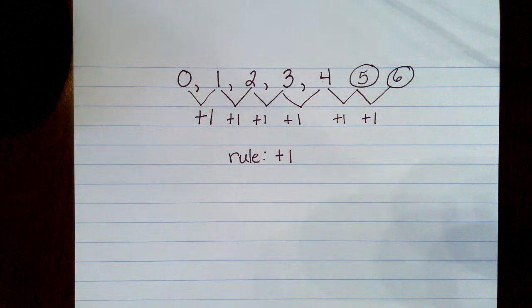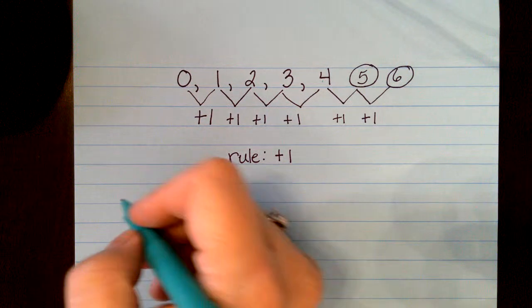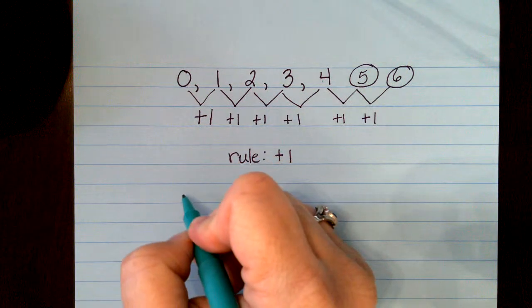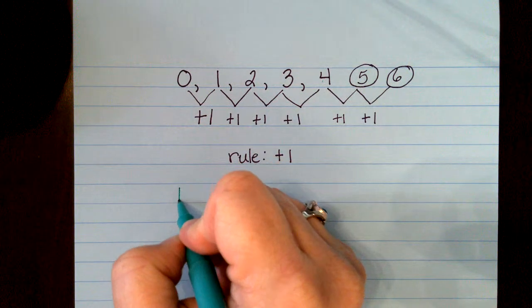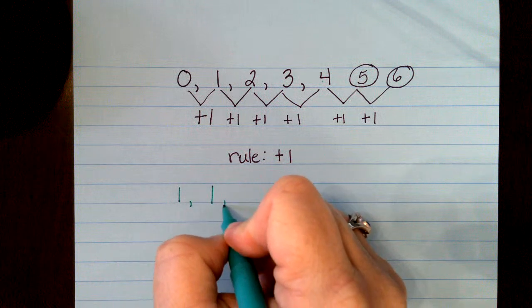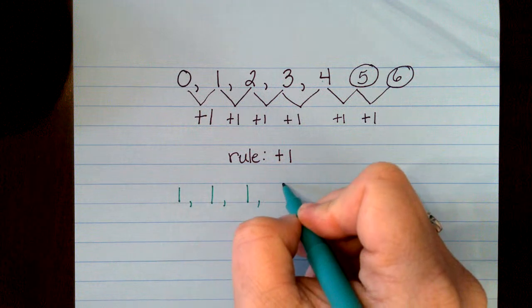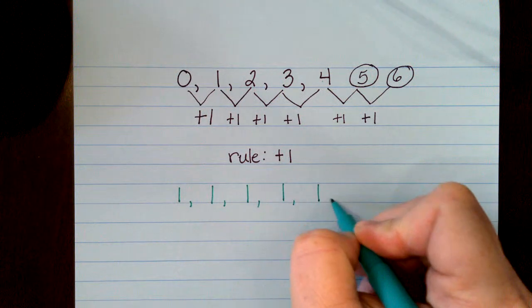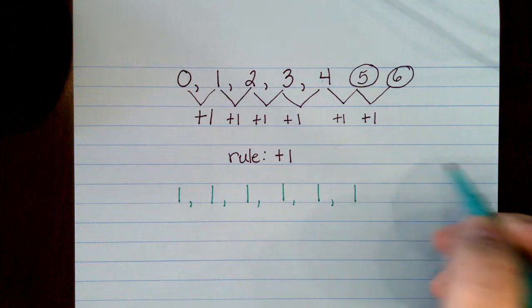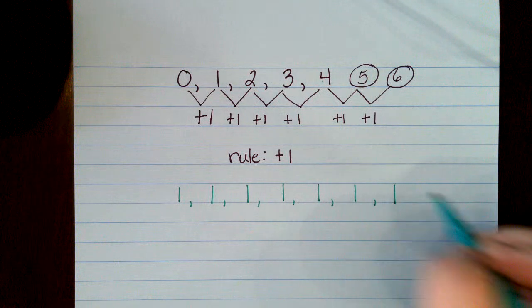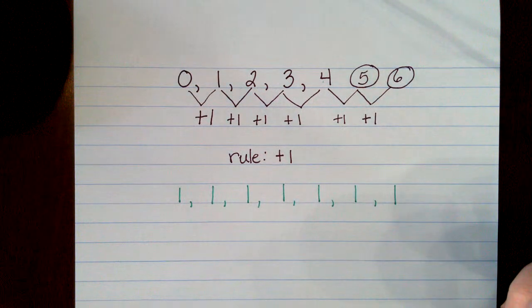The next pattern we're going to look at is fun. I like this one. This pattern is 1, 1, 1, 1, 1, 1, and we could keep going on forever and ever.